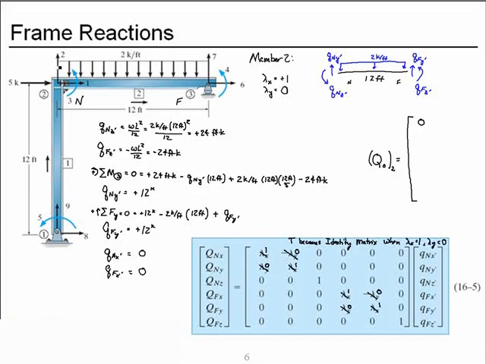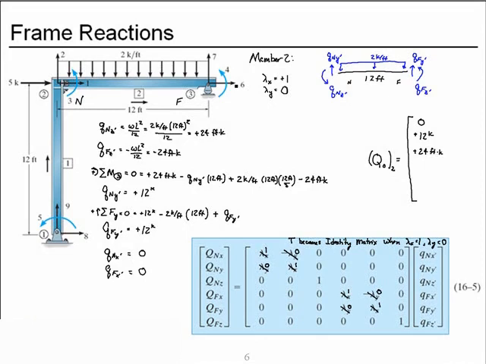Degree of freedom 2, this one, is a positive 12 kips. Degree of freedom 3, this one, is Q and Z prime. Here we go. A positive 24 foot kips.